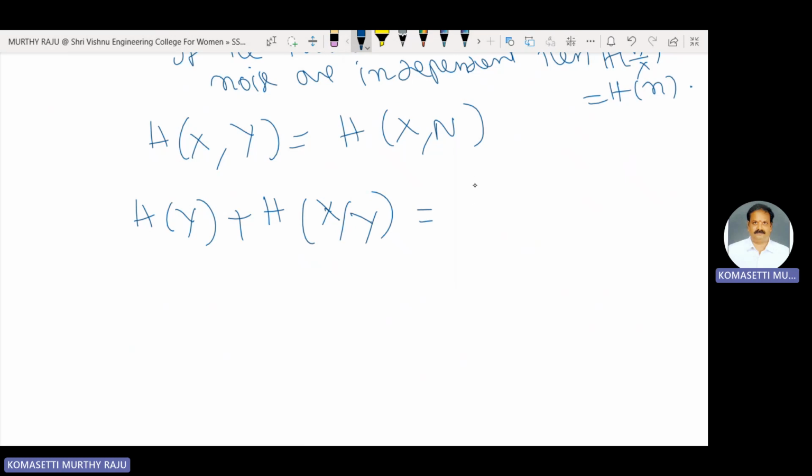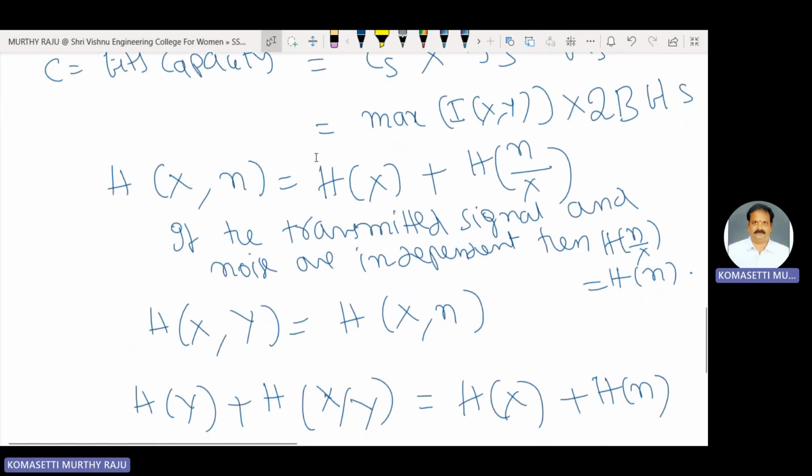H of x comma n, here a small n, is h of x plus h of small n.